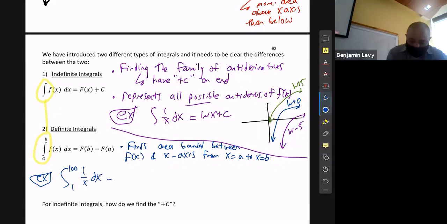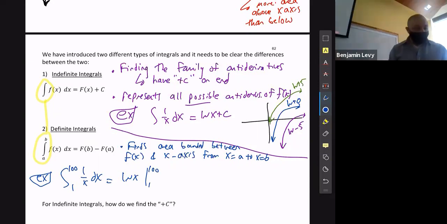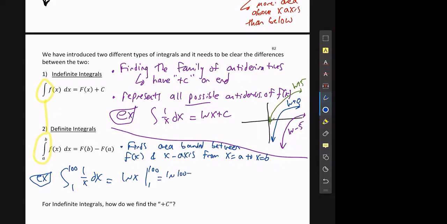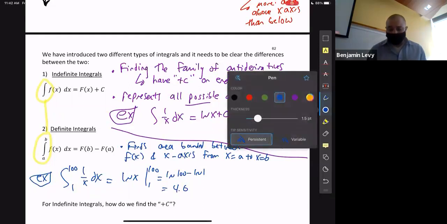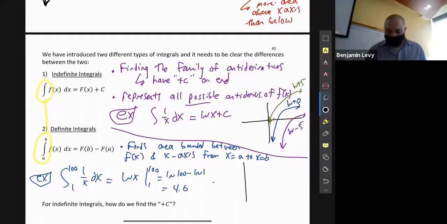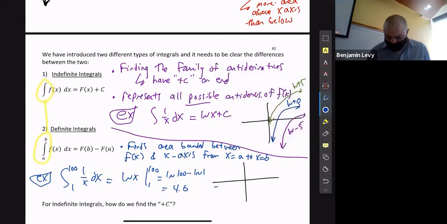Well, we still get natural log, but we plug numbers into it. Right, and when you plug numbers in, we get numbers out. And so when we actually plug numbers in, like ln 100 minus ln 1, we get a number out. And so what is that? Well, that's some area we just calculated. And so pictorially, graphically, we just found this area. This is what 1 over x looks like.